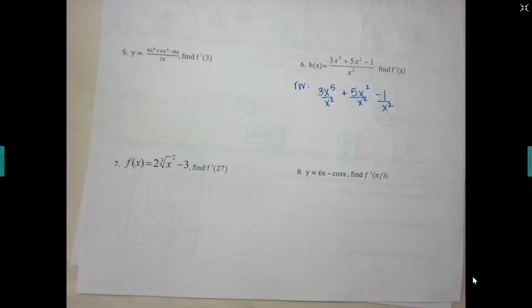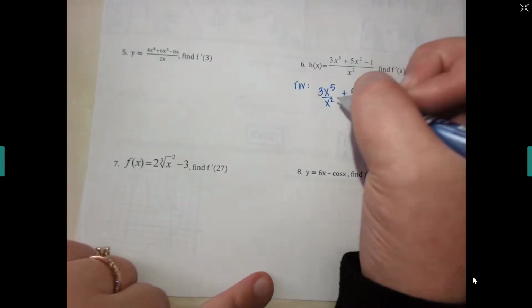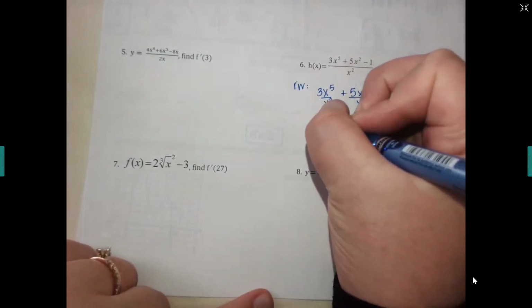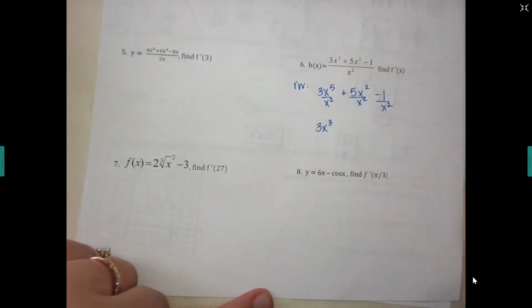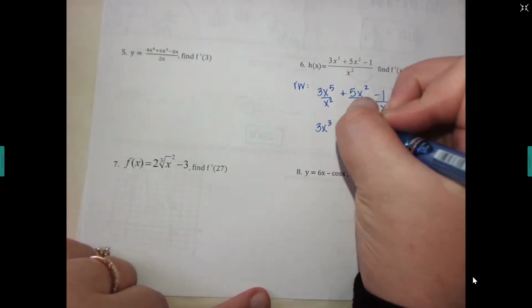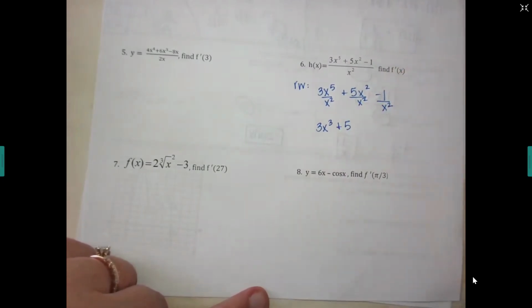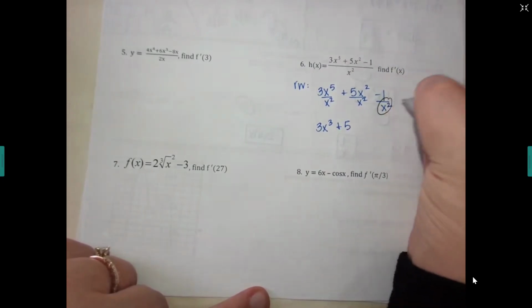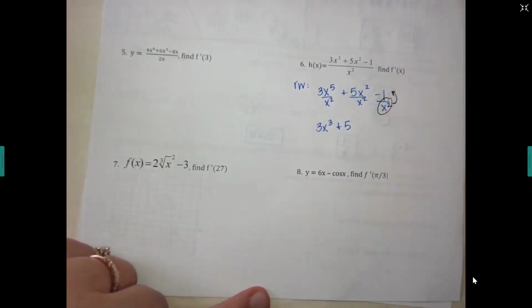For my first term, how many x's will be left if it's an x^5 divided by an x squared? x^3. Now, for my 5, I had an x squared, but I'm dividing an x squared, so what's left? Just a 5. And then for my third term, the only x's I have are on the bottom, so to pull them up, what do I have to do to the squared?